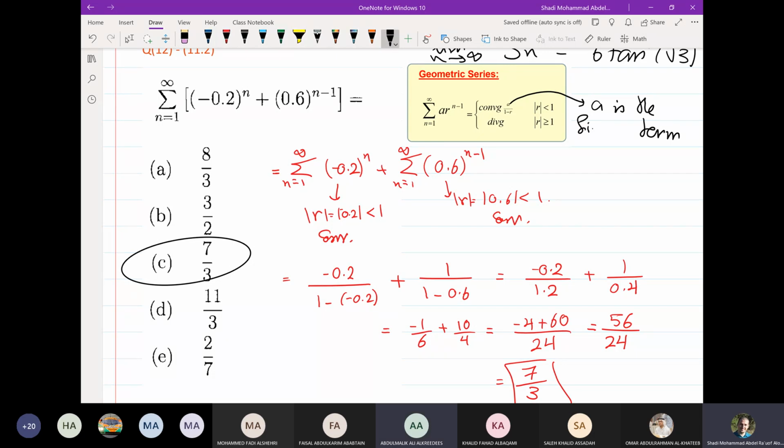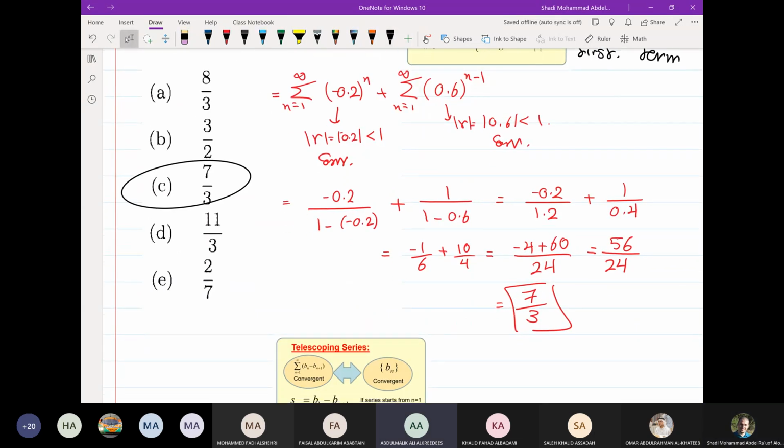So, Doctor, if I have r to the power n plus 3 plus 6 plus million, it's the same, right? I can use the geometric series. Again, if I have, for example, 0.2 to the power n plus 1000, the radius will be 0.2, right? Yeah, sure.